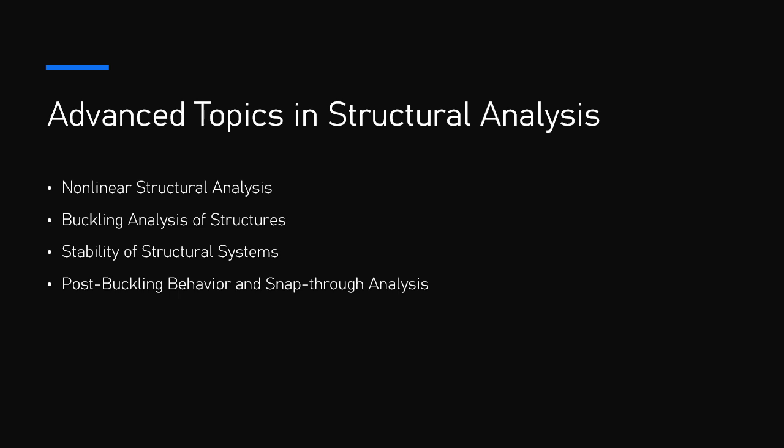Accurate modeling of nonlinear behavior requires detailed material models, e.g., for concrete, steel, or composites, and geometric representations of the structure. Failure to correctly model these aspects can lead to inaccurate results. Nonlinearities like friction, contact, or damping must also be carefully modeled to reflect real-world behavior accurately.